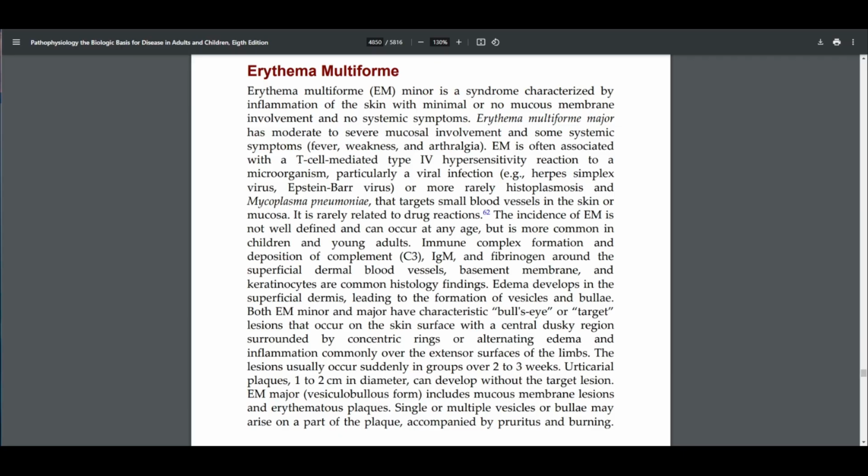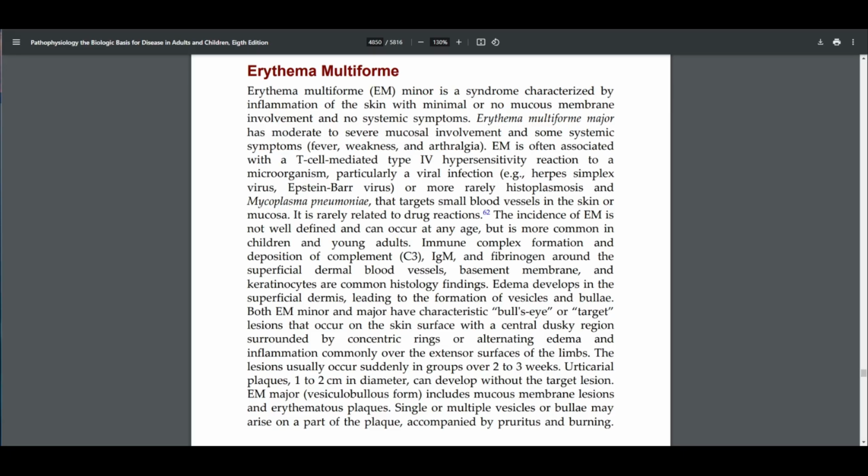Erythema multiforme, or EM, is often associated with a T-cell mediated type 4 hypersensitivity reaction to a microorganism, particularly a viral infection, your herpes simplex and Epstein-Barr virus, or, more rarely, histoplasmosis and Mycoplasma pneumoniae, that target small blood vessels in the skin or mucosa. It is rarely related to drug reactions.